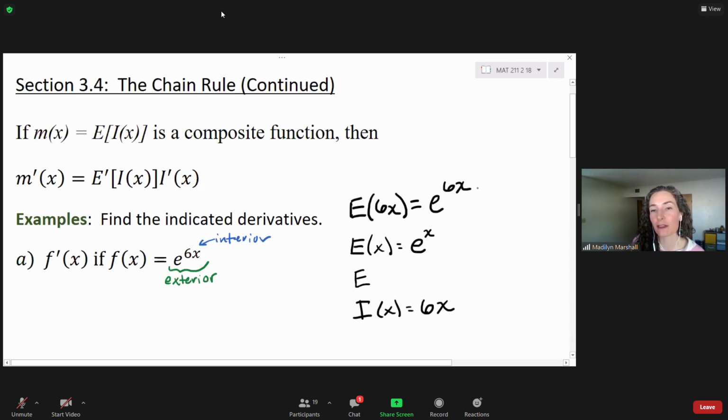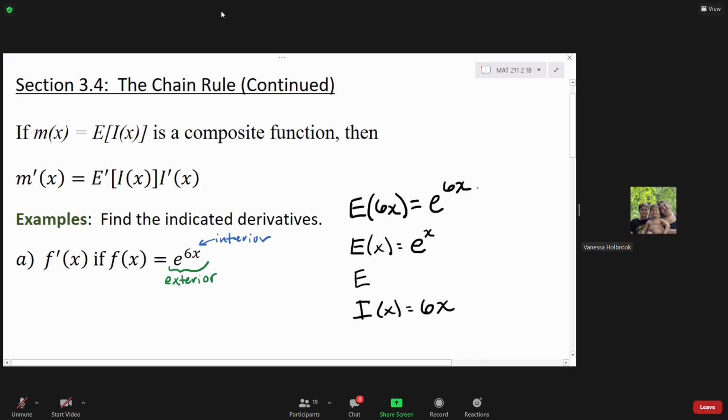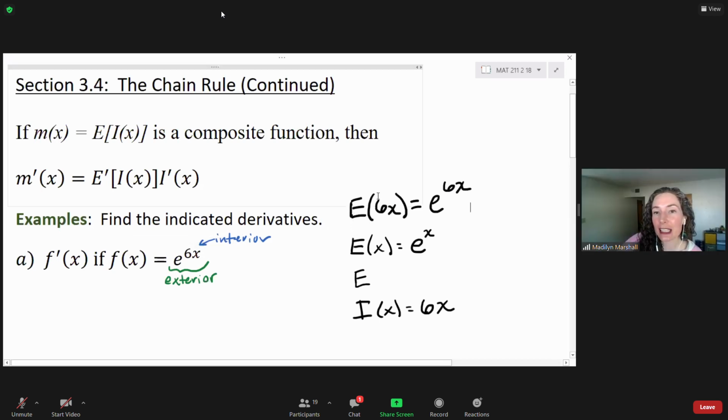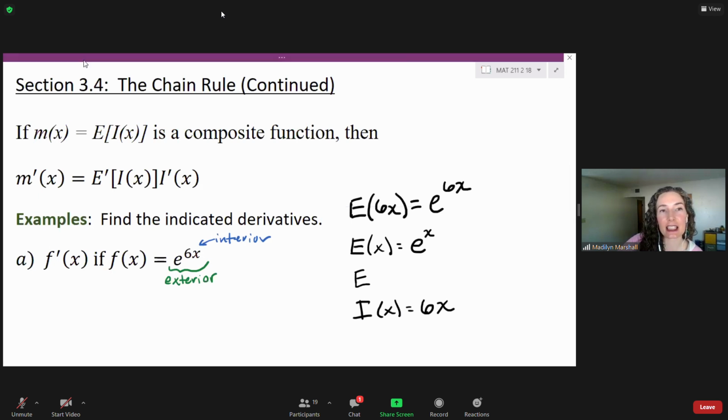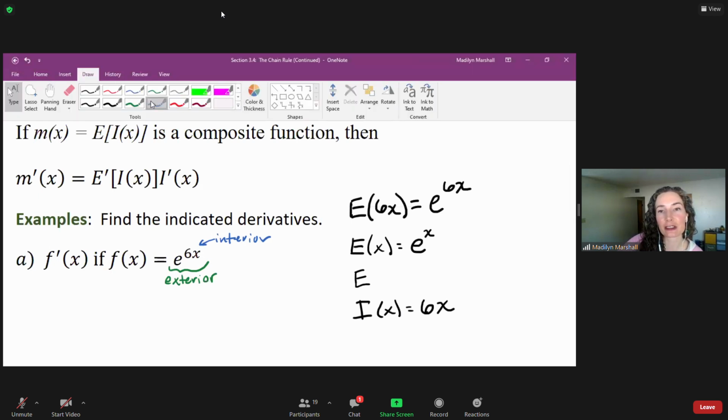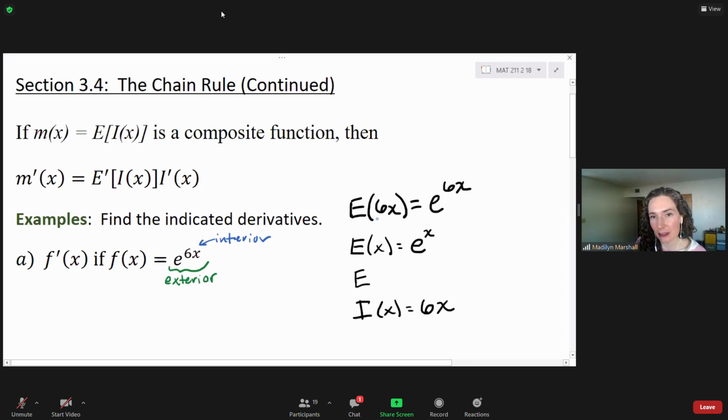So the exterior function is the whole e to the 6x. Okay. And so the interior is that 6x. It's the thing that's being plugged into the exterior function.